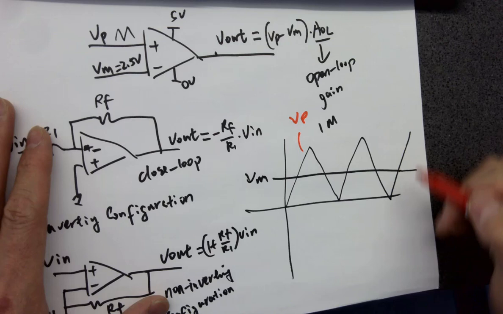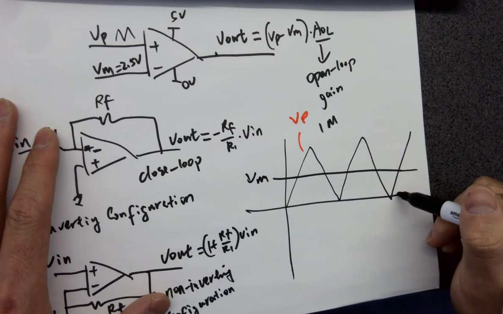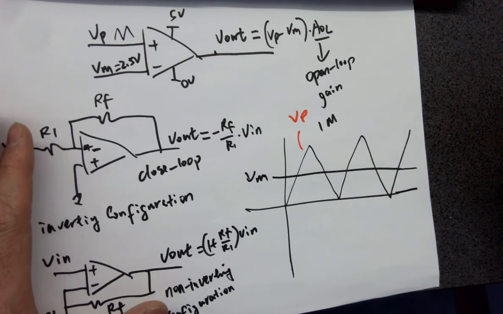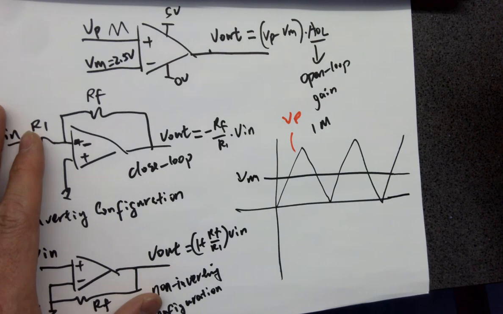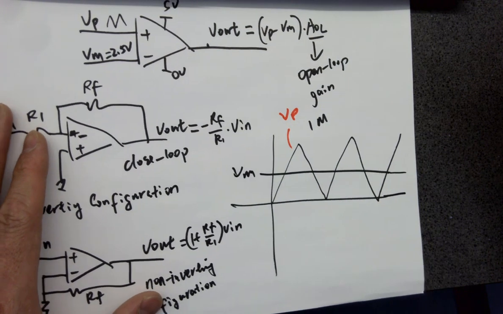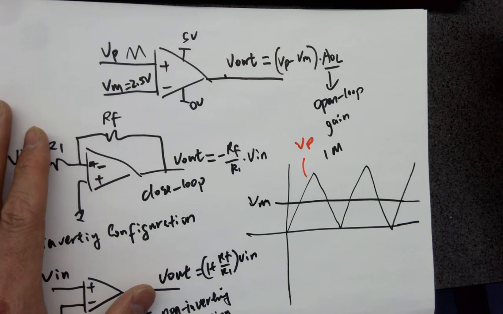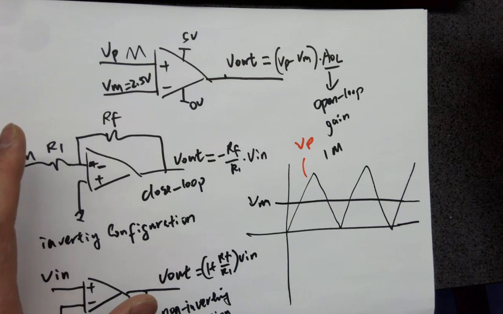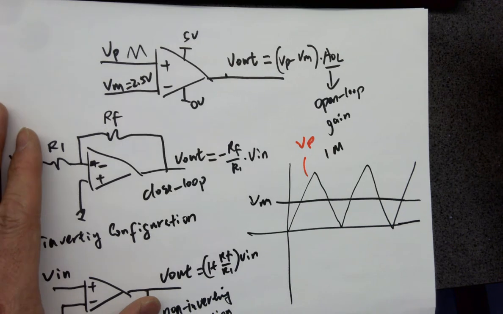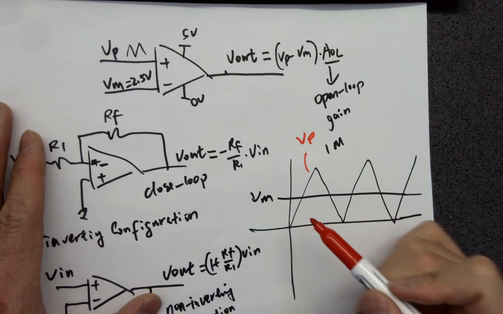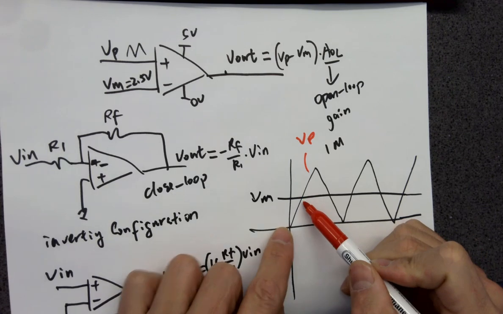So what would the output be? It would get clamped. Just, it would stop at the threshold. Yeah, so let's say for this period, what's gonna happen?